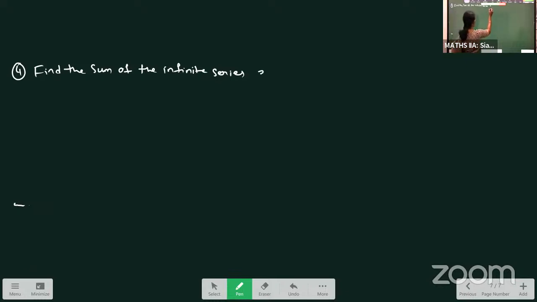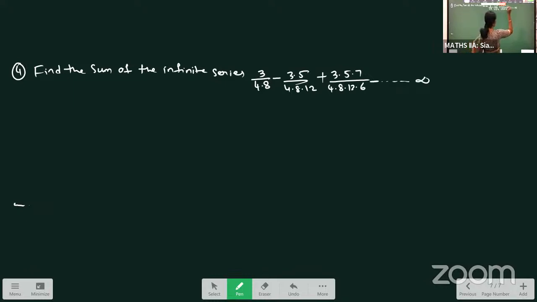Find the sum of the infinite series 3 by 4 into 8, minus 3 into 5 by 4 into 8 into 12, plus 3 into 5 into 7 by 4 into 8 into 12 into 16, minus so on to infinity.